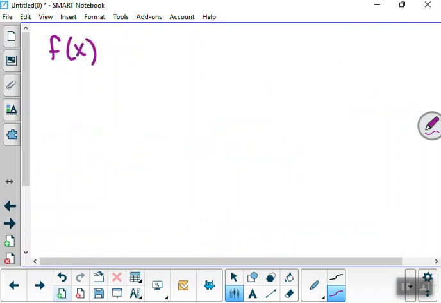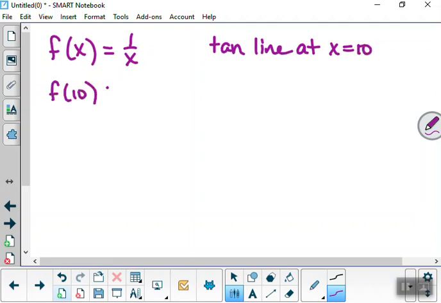So, my f of x is 1 over x. We're doing a tangent line at x equals 10. So f of 10 is 1/10. F prime of x would be negative x to the negative 2, or negative 1 over x squared.